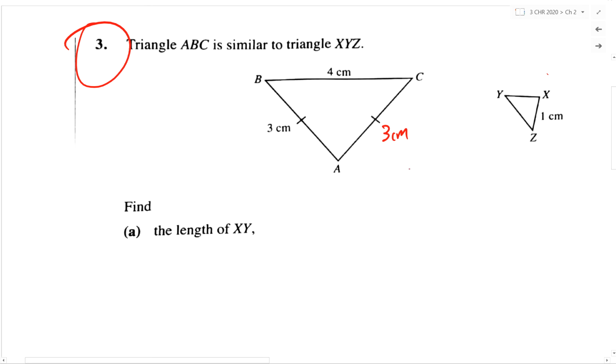Okay, last one. What is the corresponding length to this 1 cm over here? Length. So length must be a number with a unit. It's the corresponding length to 1 cm. The rest also think about it.